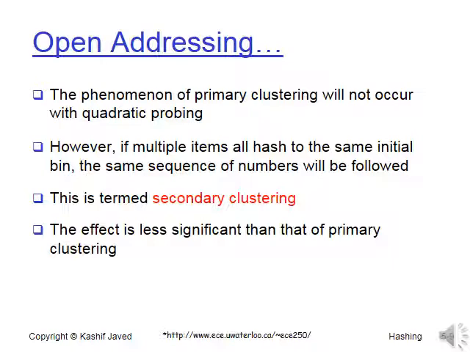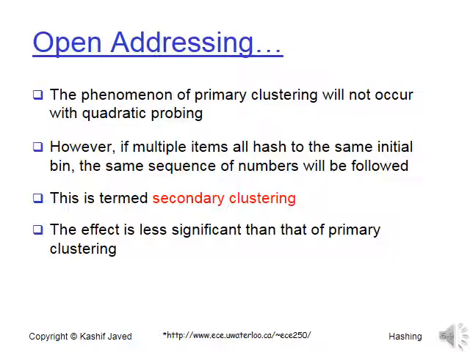Basically, if the hash value of key 1 equals the hash value of key 2, the probing sequence for key 1 and key 2 will be exactly the same. This is termed secondary clustering. The effect of secondary clustering is less significant than that of primary clustering.